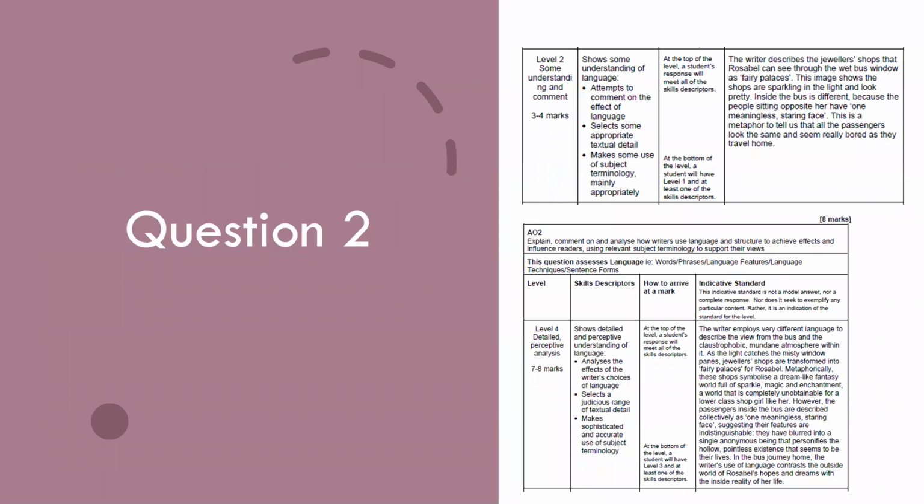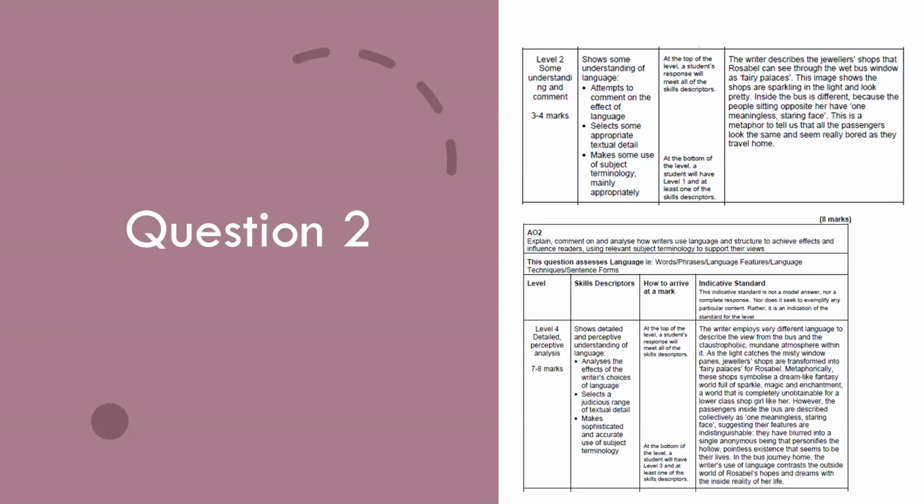Here's a little look at the mark scheme, and I've chosen for each question the top and middle rather than anything in between to give you an idea of the differences. So if you can pause the video now and have a little look at the exemplars on the right hand side, they give you a really good reference point upon which to judge your own work.